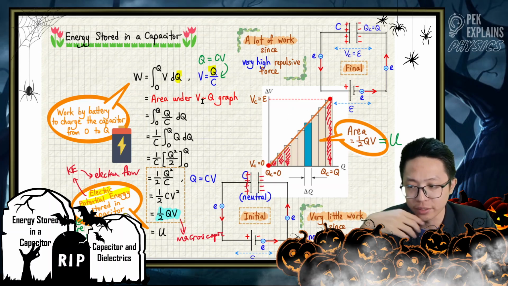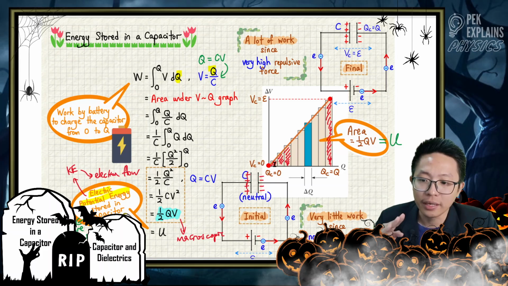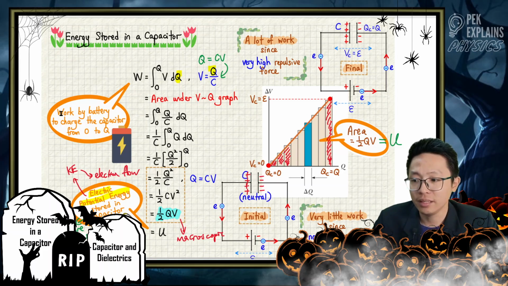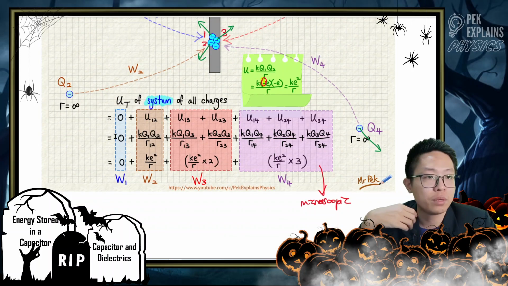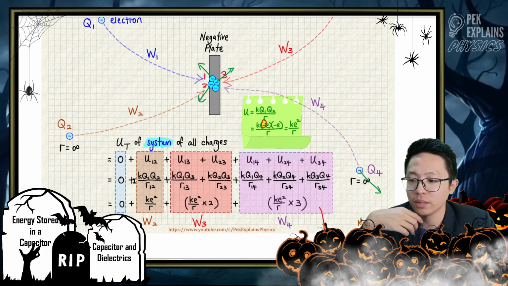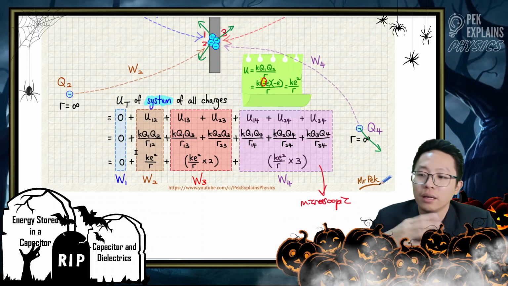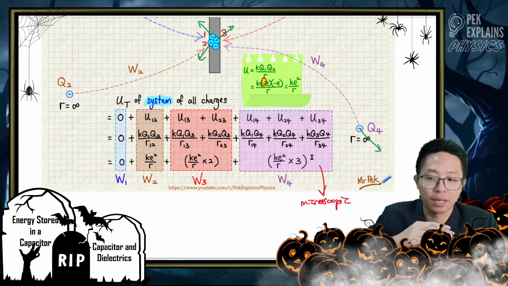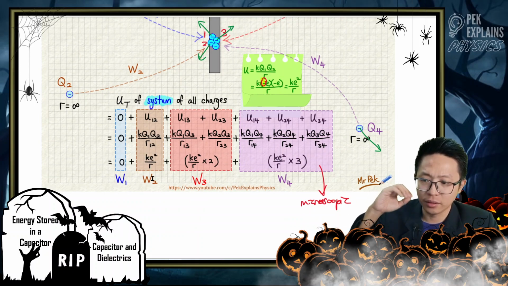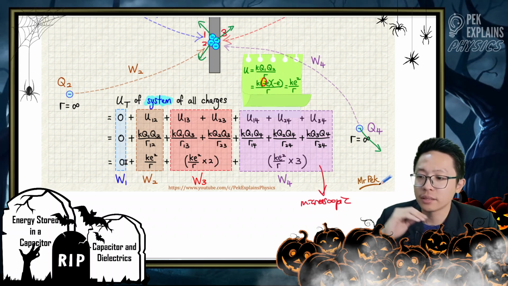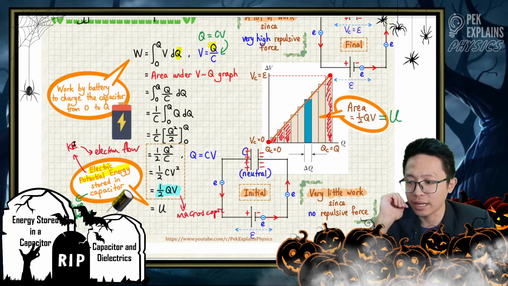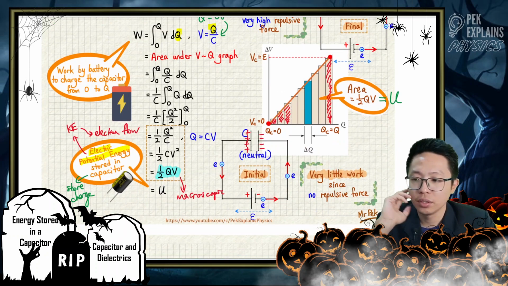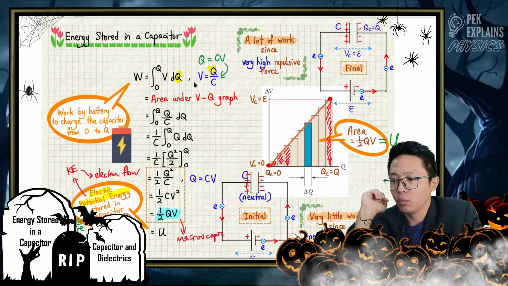The work done by the battery is also increasing bit by bit, because the initial work done is 0. When the charge builds up in the capacitor, the work done also increases 1 time, 2 times, 3 times. So you cannot say work done equals QV.